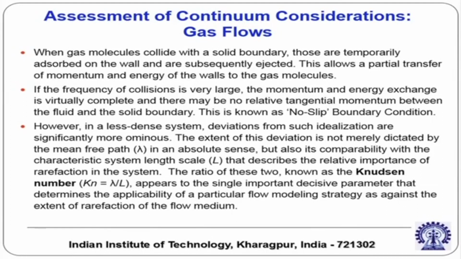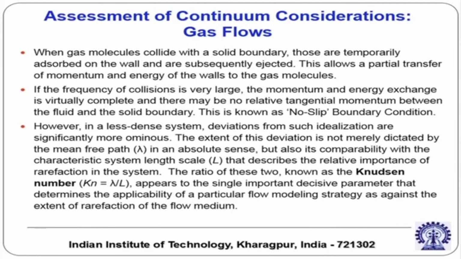Now, for the same molecular mean free path, that is for the same level of rarefaction, your Knudsen number will be larger and larger if the characteristic length scale becomes smaller and smaller. Therefore, if a gas is not very highly rarefied but is put in a confinement, the equivalent effect can be a strong rarefaction, as in a larger scale system.